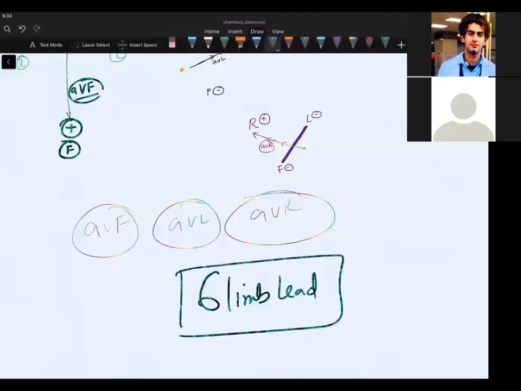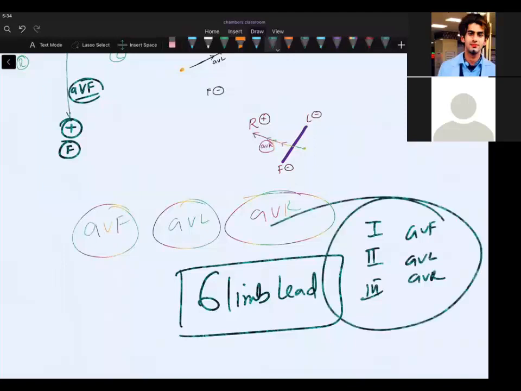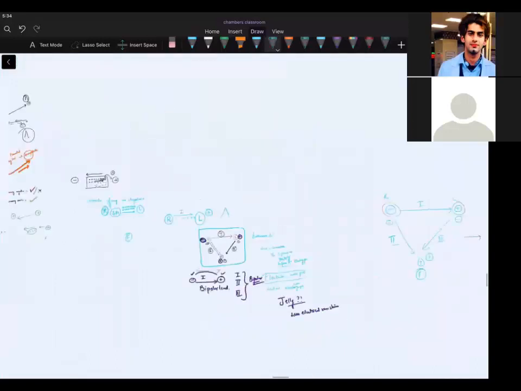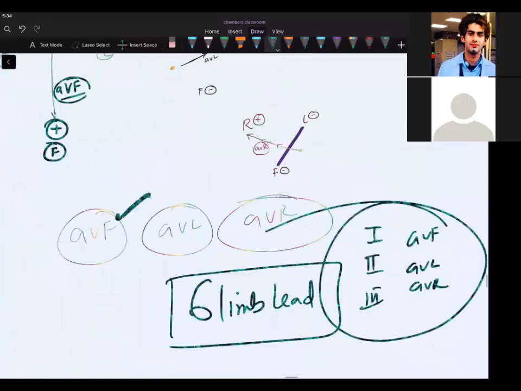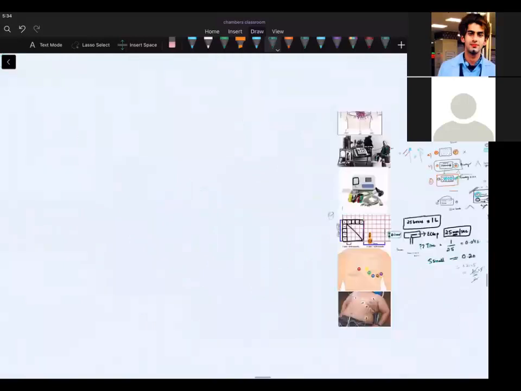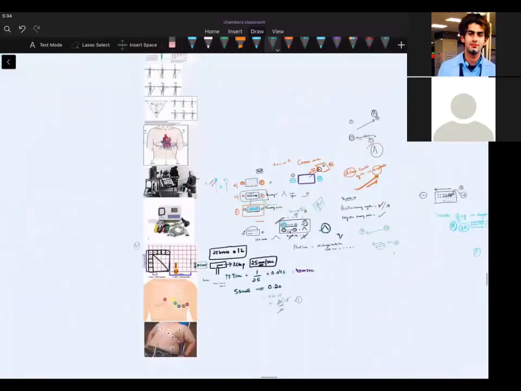So we have 1, 2, 3, AVF, AVL, AVR. These are all the leads. Are we able to understand, guys, or not? 1, 2, 3, 4, 5, 6. I should count it for you also because you are from kindergarten, isn't it?